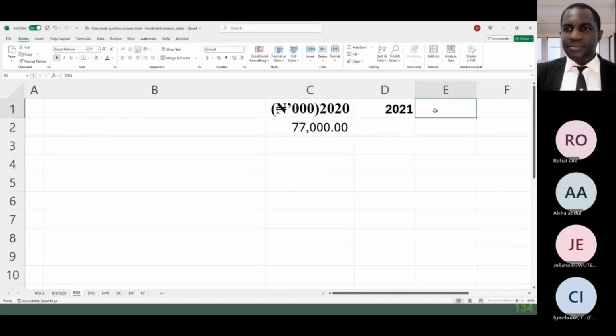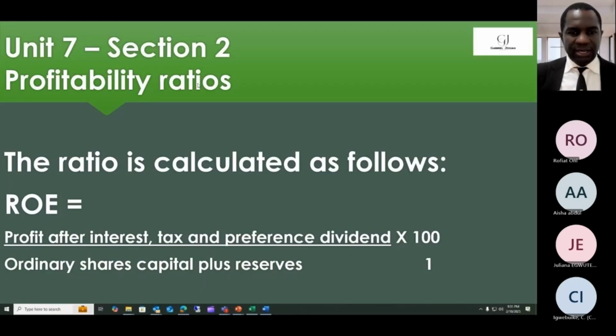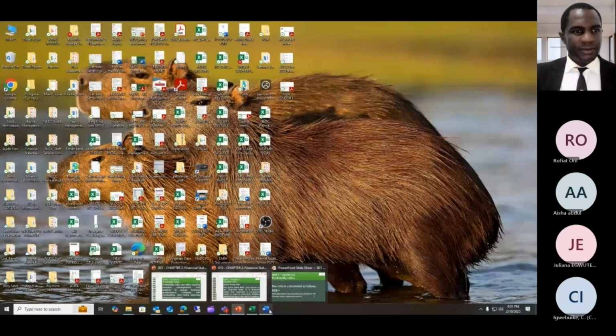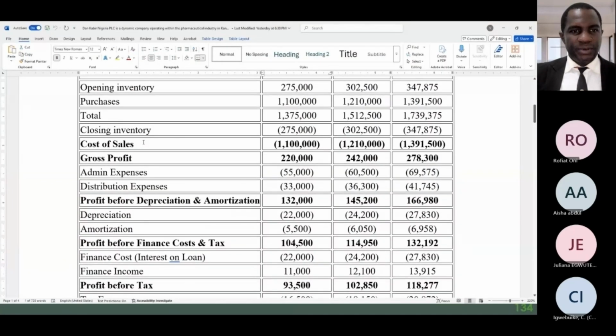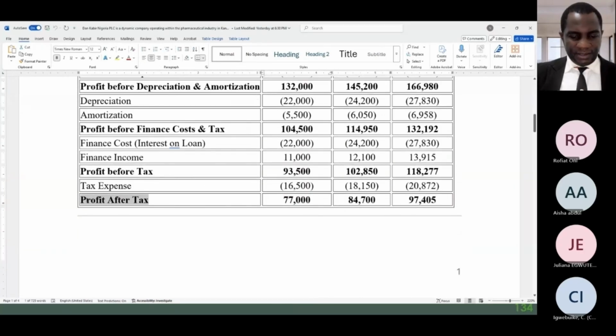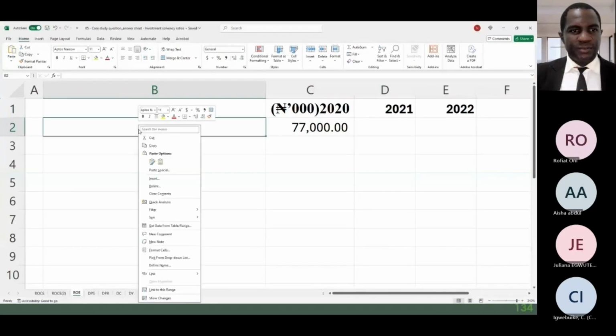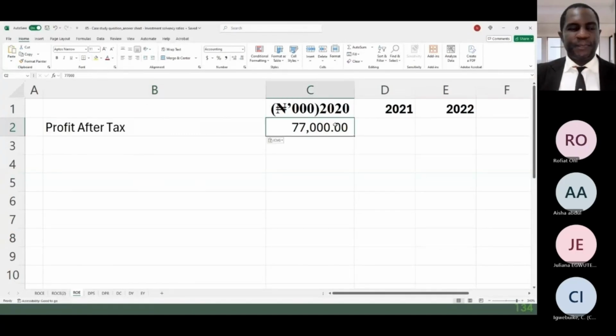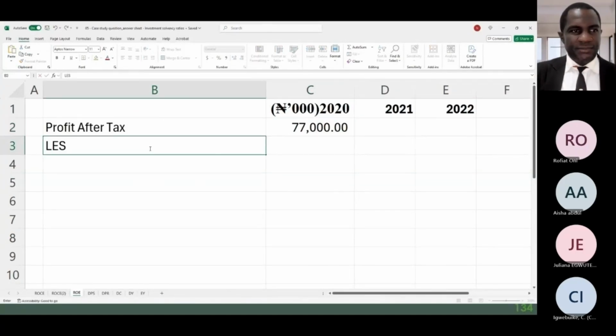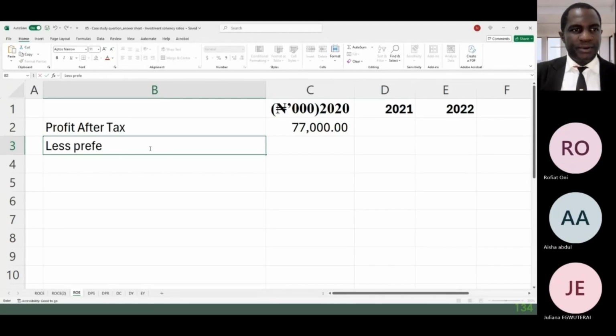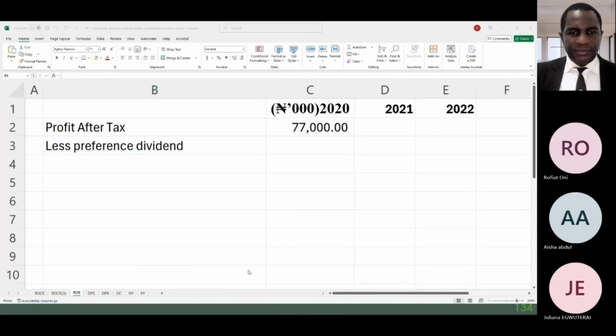The examiner hardly makes questions like this, but I made it tougher so that you can expect the worst case scenario in any examination. So profit after tax, we have that. Let's deduct preference dividend, if there's any. Let's go through Dan Kabir. I think there's a preference dividend.